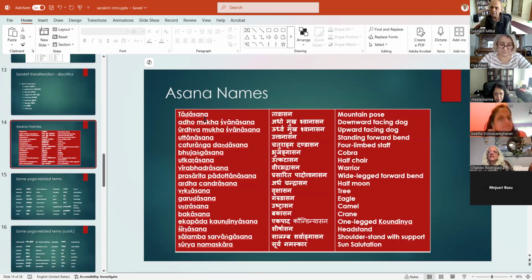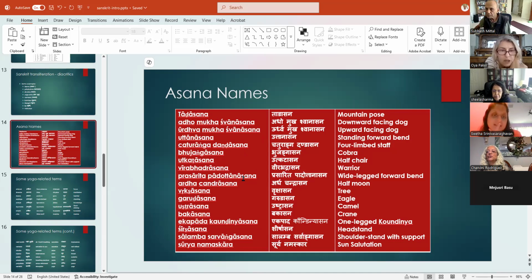You will see, for example, here, all these are sandhi words. The very first one is tadasana. That's a sandhi. It's a combination of two words, tada plus asana, and it becomes one word, tadasana. So you combine those two words. Shavasana, same thing. Shwanasana, all these are.